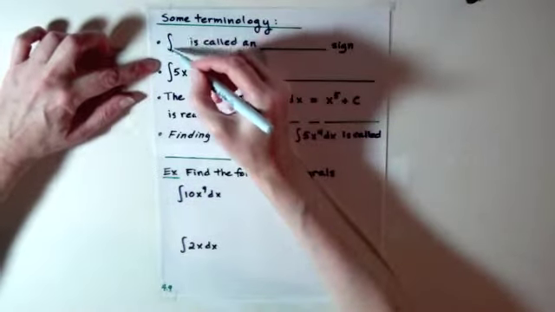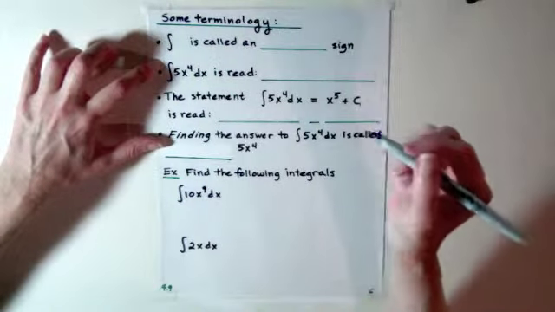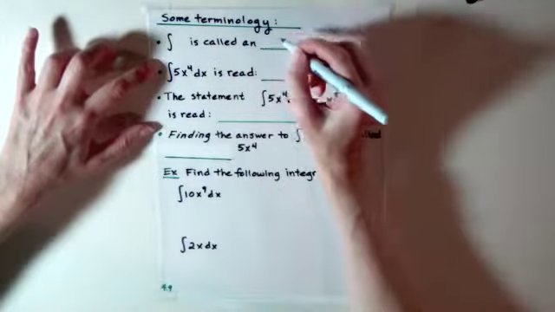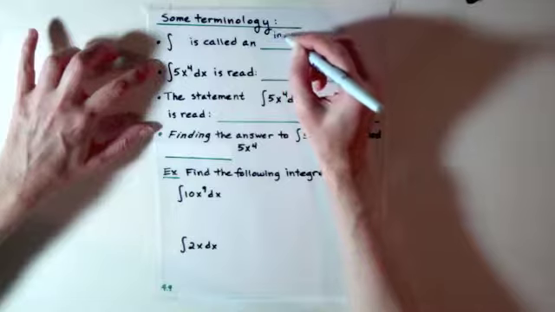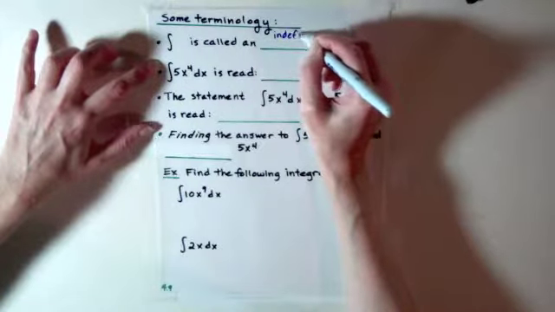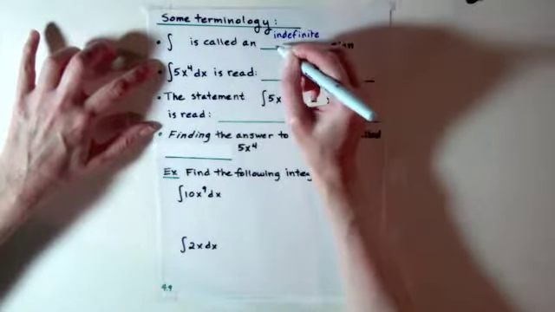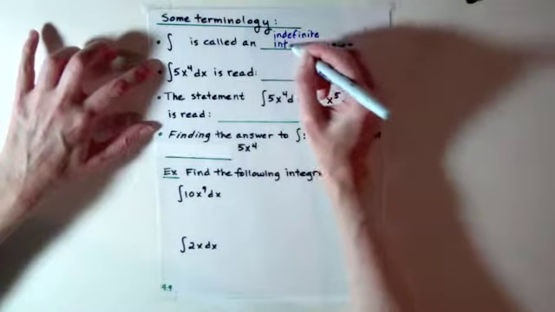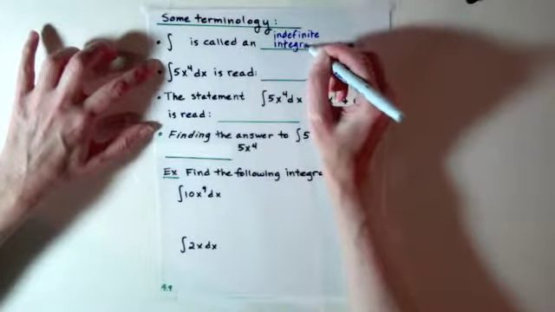This stretched out S symbol is called an integral sign, or more properly an indefinite integral sign. Oftentimes we're sloppy and we just say it's an integral sign.